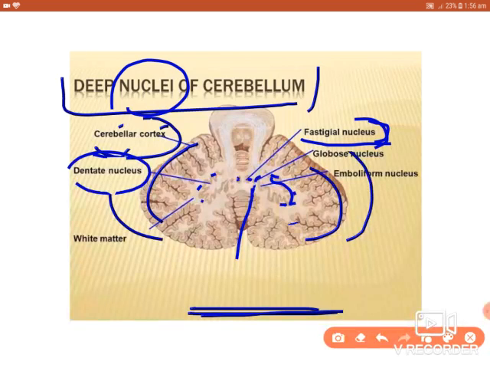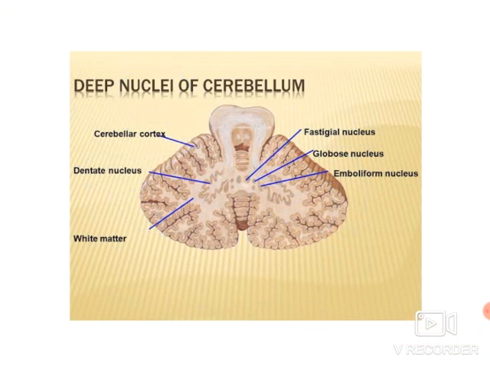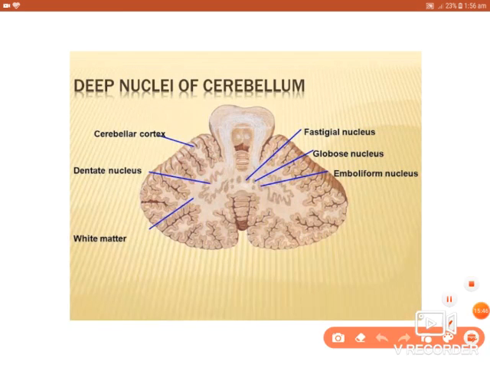So these are about this nuclei of the cerebellum. There is the dentate nucleus, then the globose and the emboliform, then the fastigial nucleus.